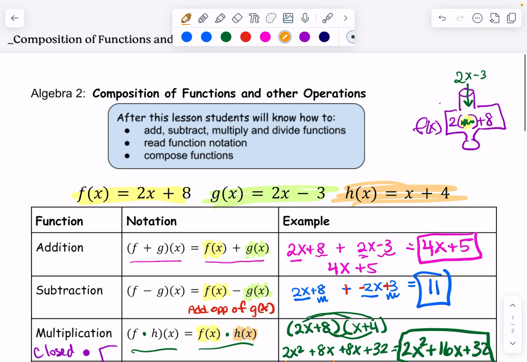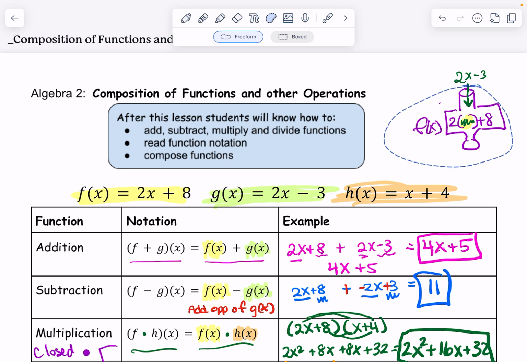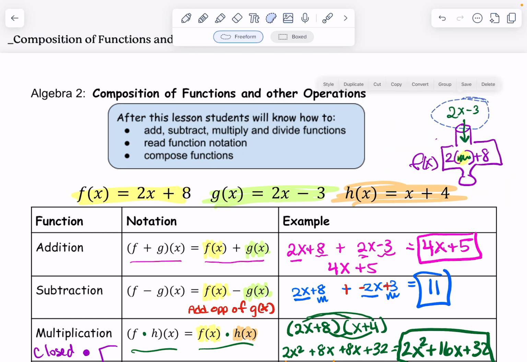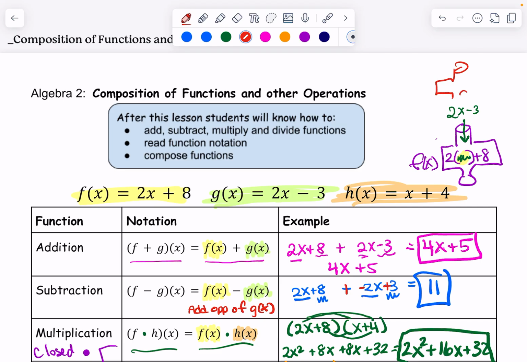So truthfully, if we looked at the model that we had before, we had the 2x minus 3 came out because our G machine was 2 something minus 3. This was our G machine, right? And we dropped an x in because G of x means all we're doing is putting an x in. And then out came the 2x minus 3, and then etc.